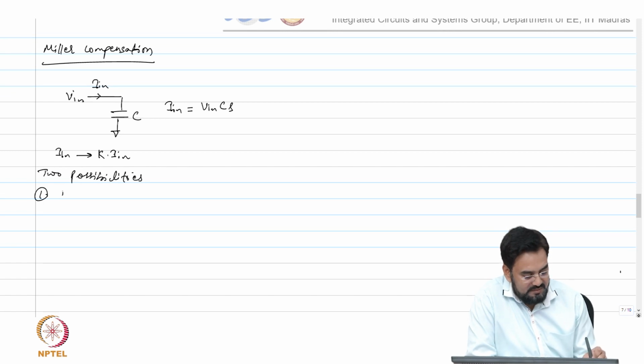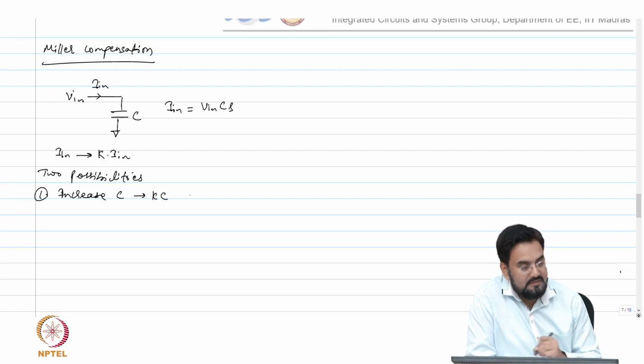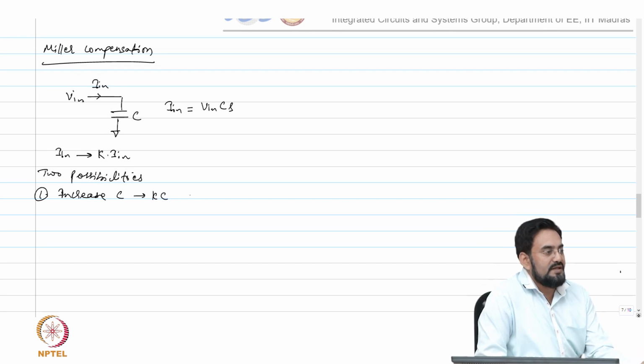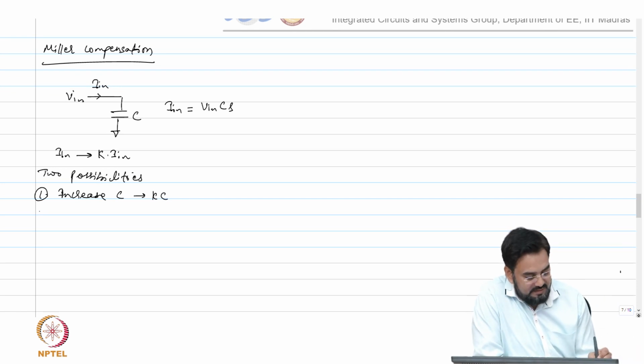Number one, increase C to K times C. Okay, and second possibility is increase V in.